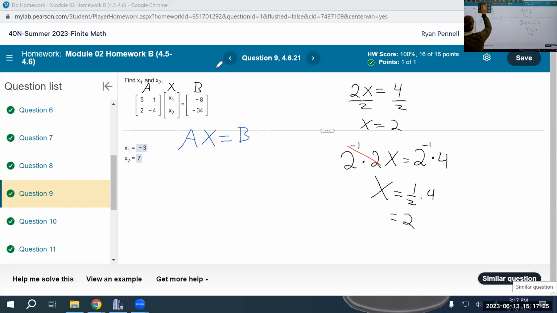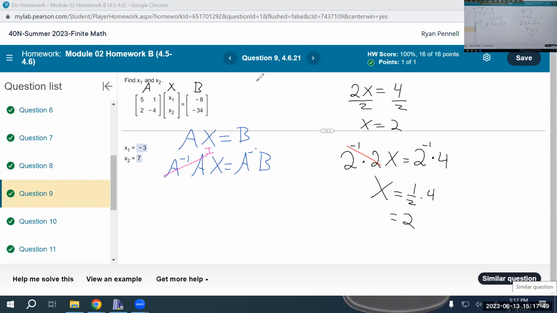But what I can do is multiply both sides by its inverse. And what happens is this just goes to the identity matrix.